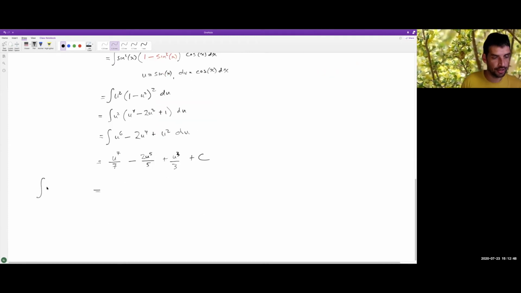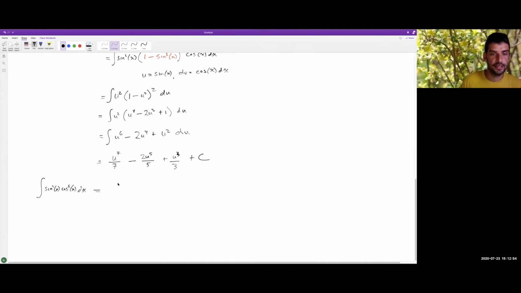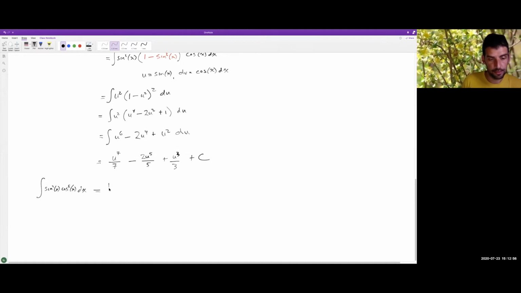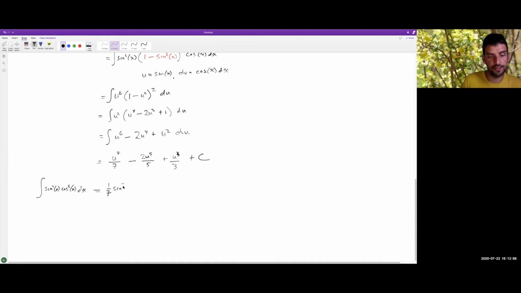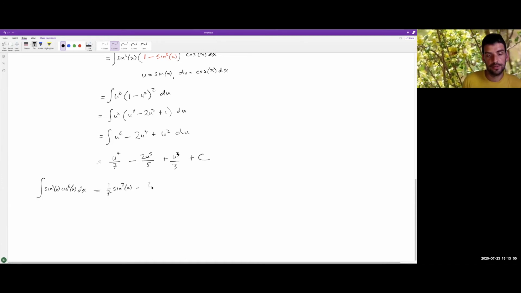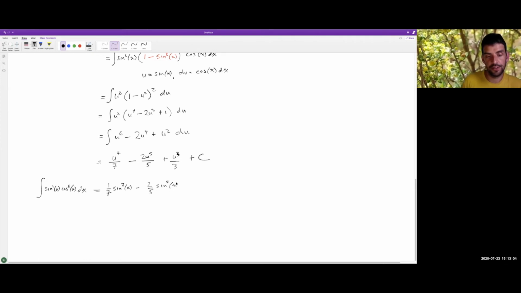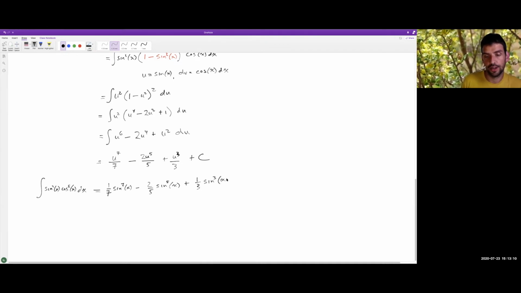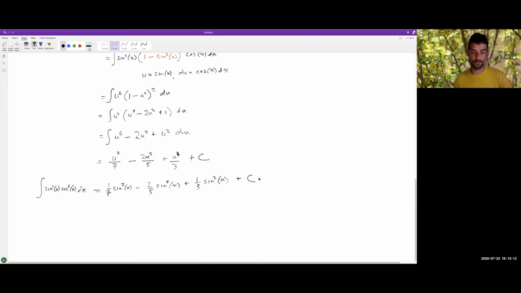Sine squared x cosine to the 5th x dx. Looks like it's 1/7 sine to the 7th of x minus 2/5 sine to the 5th of x plus 1/3 sine cubed of x plus C.